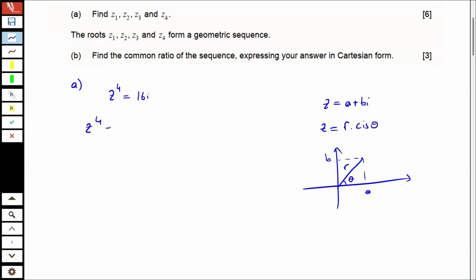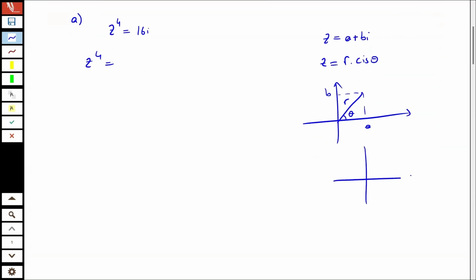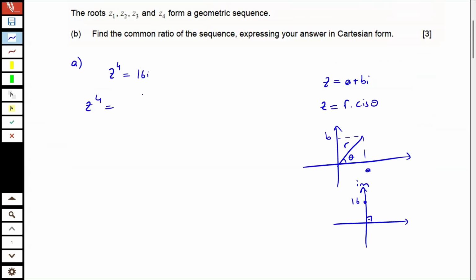In this case, if this is 16i, it means on the imaginary axis here, this is 16, and the angle is 90 degrees. We can write it in the form 16 cis pi over 2.